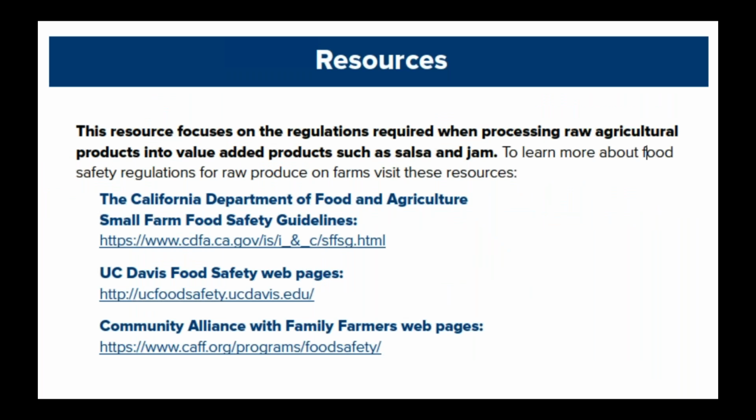We also have many other resources that we feel are very helpful for newcomers to food processing and those starting out in the food business. The California Department of Food and Ag Small Farm Food Safety Guidelines are very useful. There's a lot of information there on starting your food processing business.